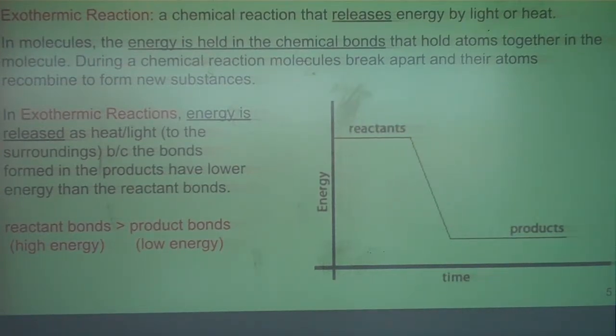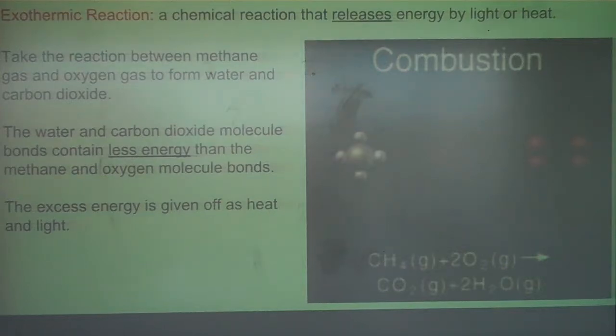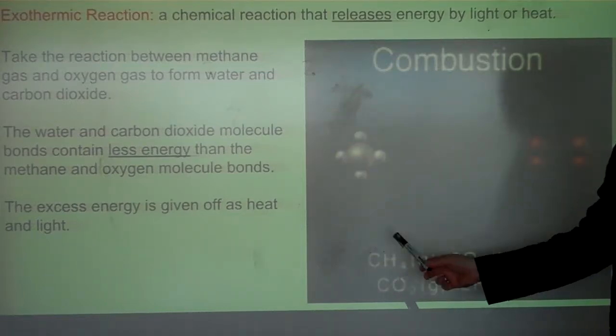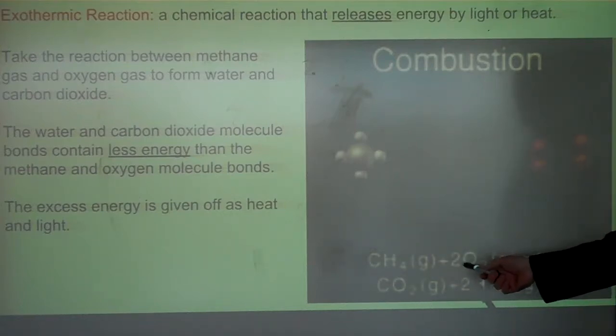Now, no surprises. Okay, there's our example of an exothermic reaction, combustion. You can see here CH4, high energy, oxygen, high energy.